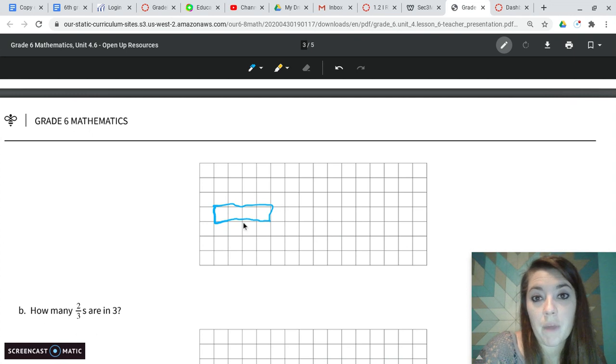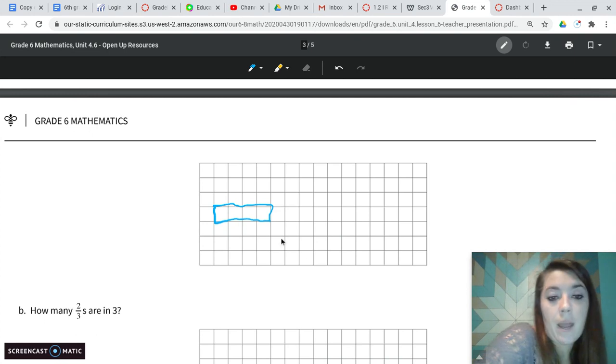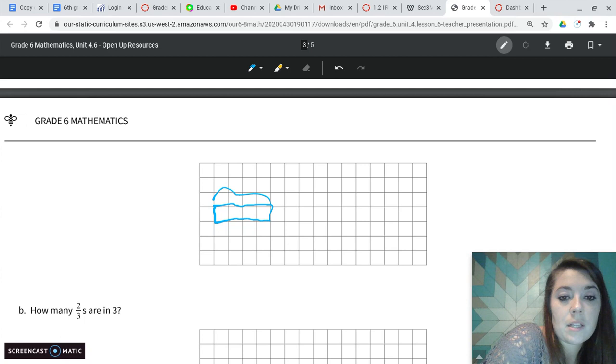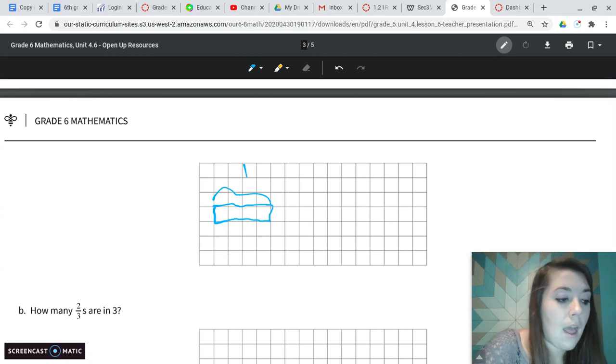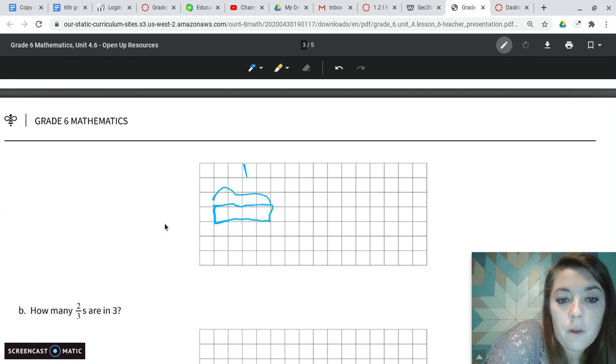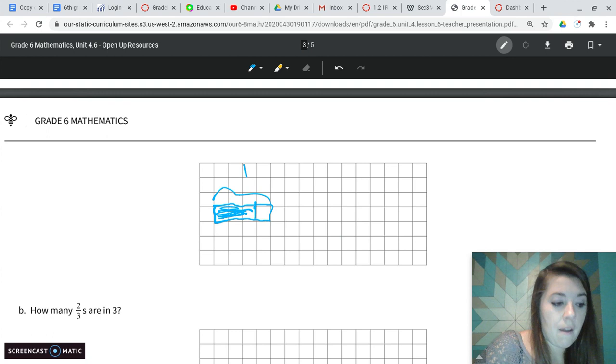I know you guys can do a lot better. It's hard to do it here on mine, but this represents one whole. And then if we're dealing with 3/4, well, there'd be 1/4, 2/4, 3/4. Our 3/4 would be this right here. And then we'd have 1/4 left over.